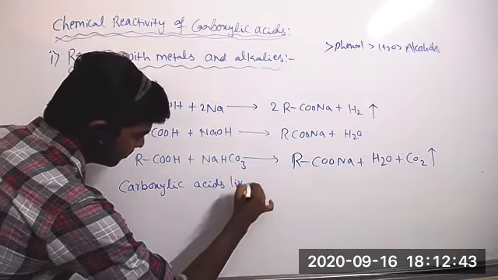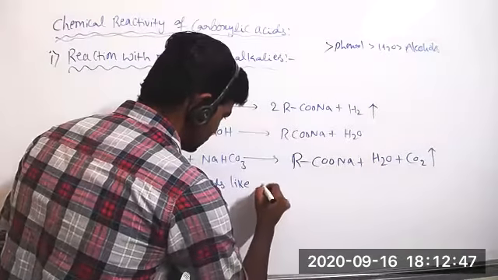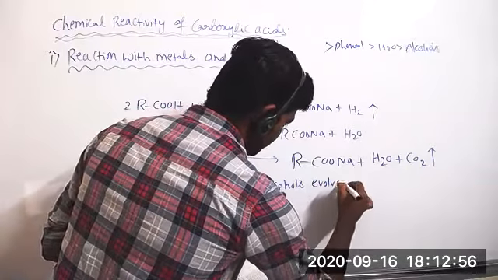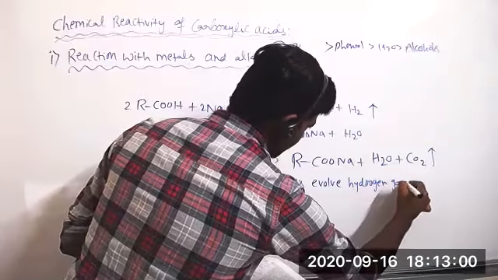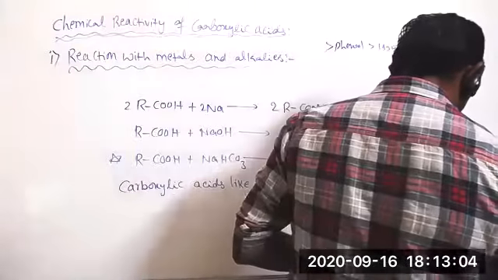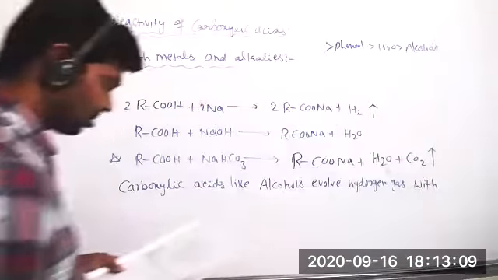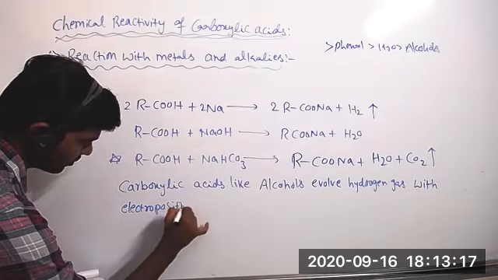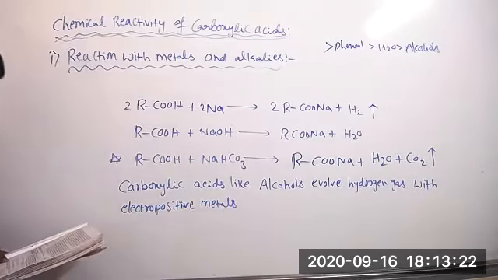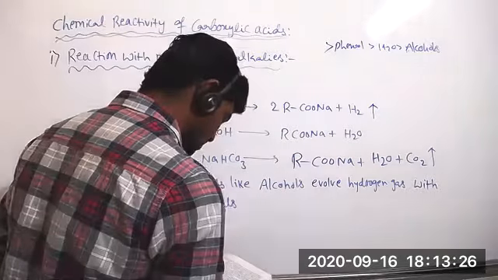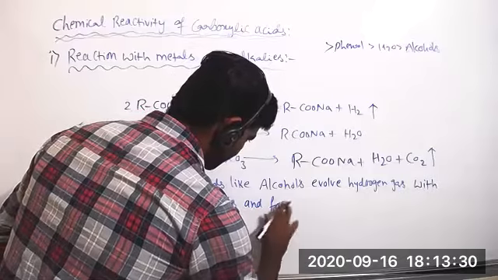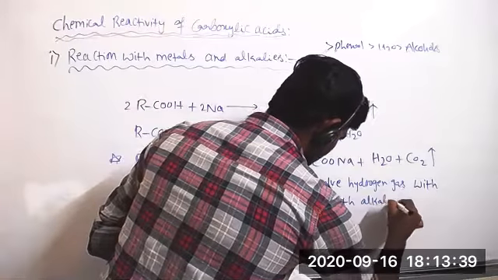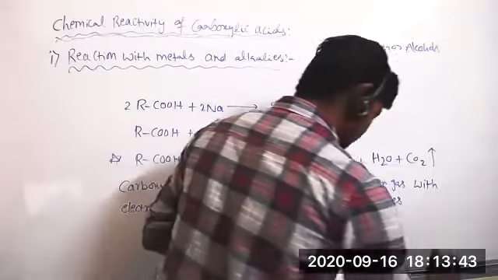Carboxylic acids, like alcohols, evolve hydrogen gas with electropositive metals and form salt with alkalis, similar to phenols.